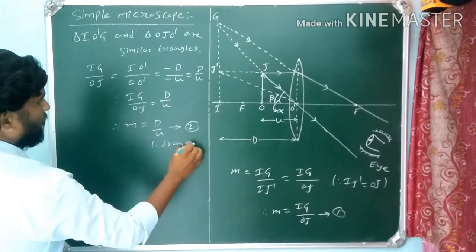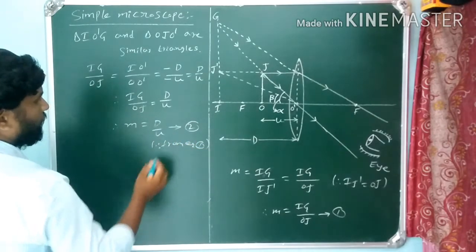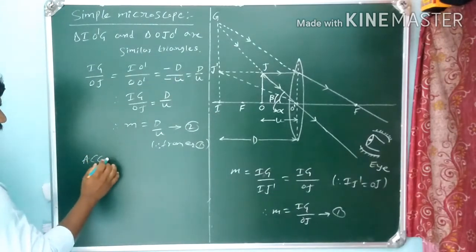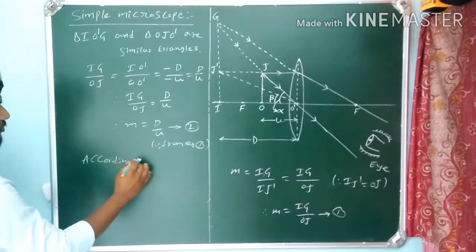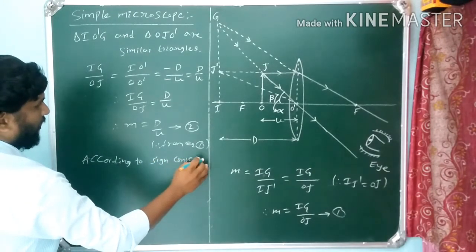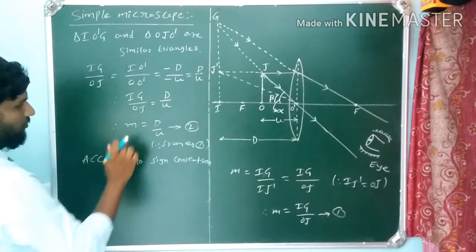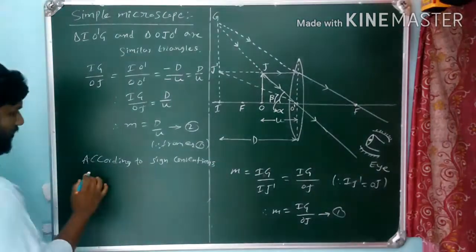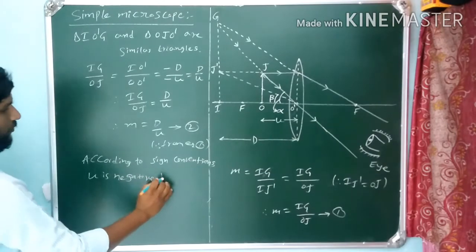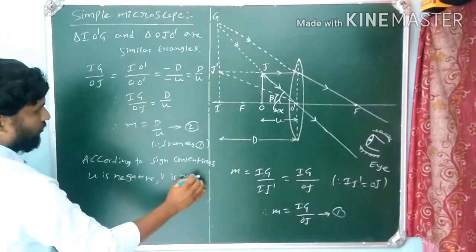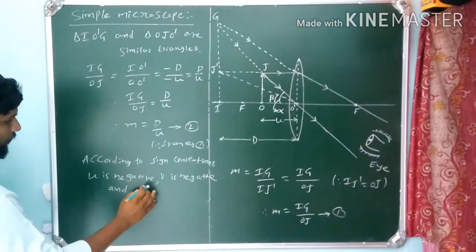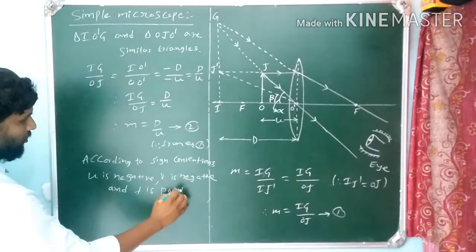Our aim is to find the magnifying power of the lens. According to sign conventions, U is taken as negative, V is taken as negative for a convex lens, and F is taken as positive.